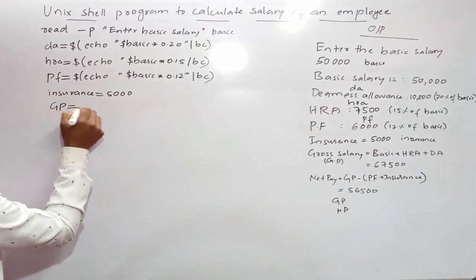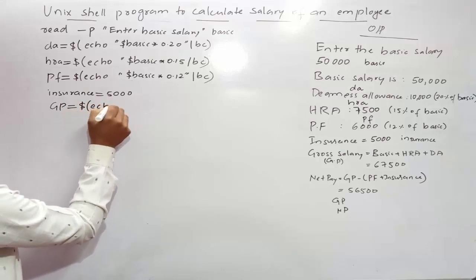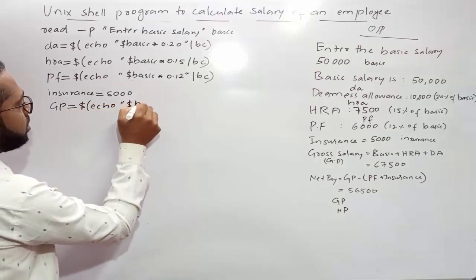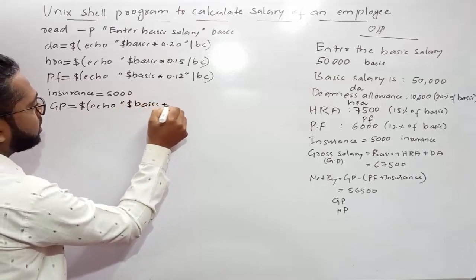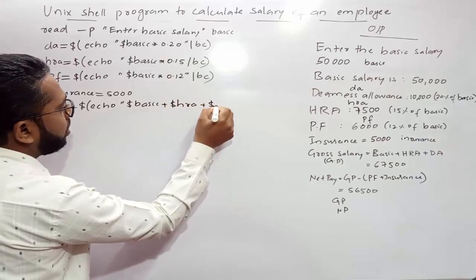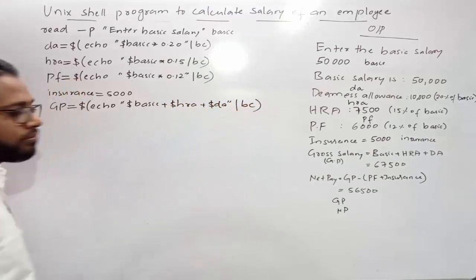GP is equal to dollar bracket echo, then dollar basic plus dollar HRA plus dollar DA pipe BC.